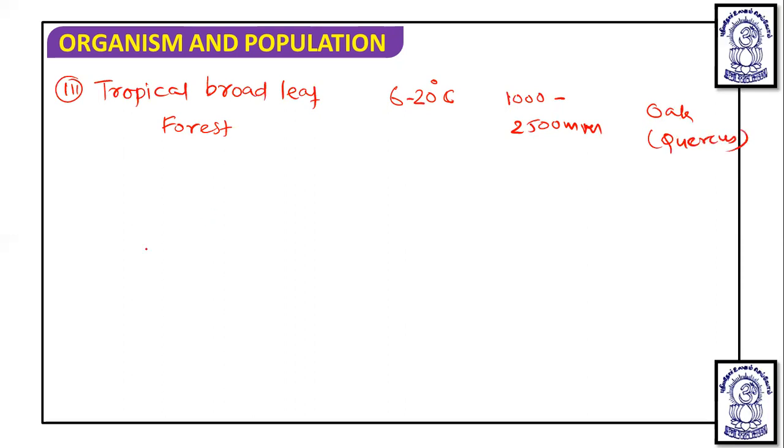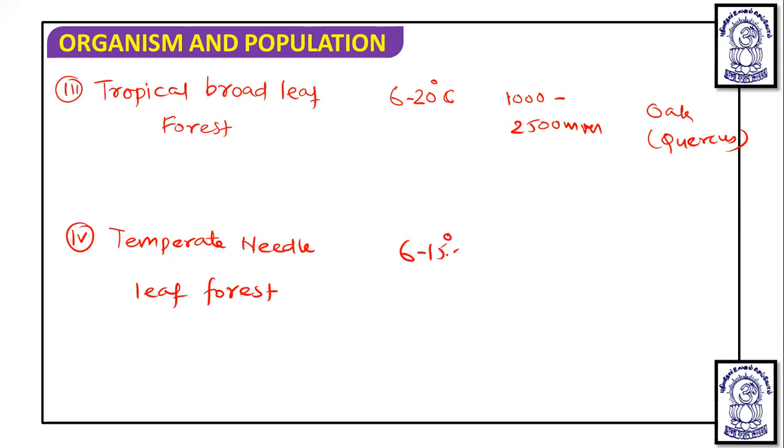And apart from this, the fourth biome found here is the temperate needle leaf forest. And this temperate needle leaf forest shows 10 to 15 degrees Celsius of temperature and 500 to 1700 mm of mean annual rainfall.